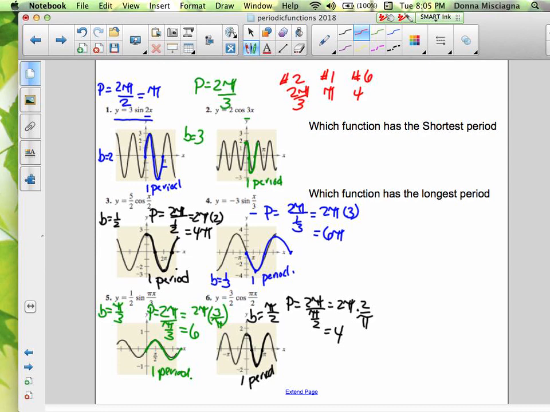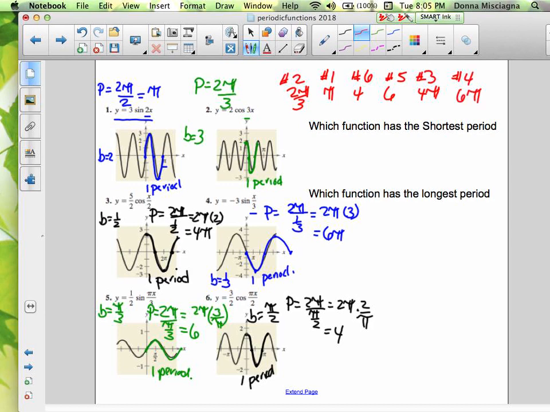So number 5 is going to be next at 6. And then we have the last 2, which is number 3 with 4 pi. And the loser in today's race was number 4 at 6 pi.